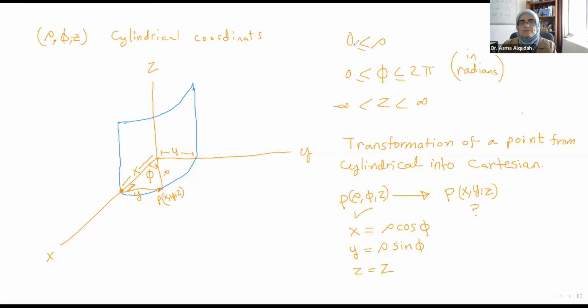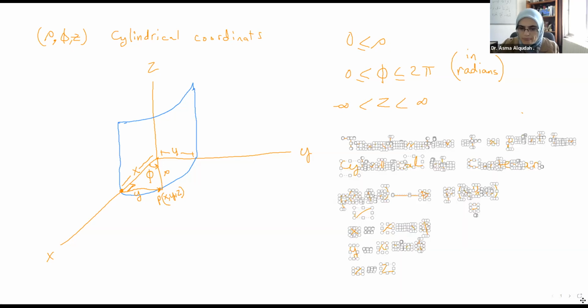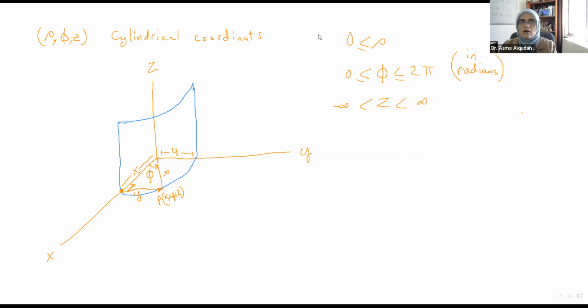Now let's do the vector transformation. Let's assume we have a vector defined in the Cartesian system.